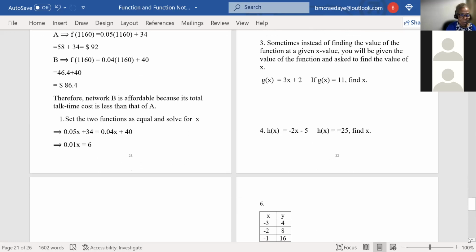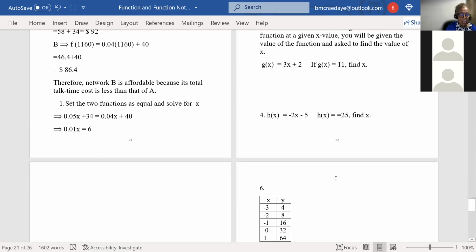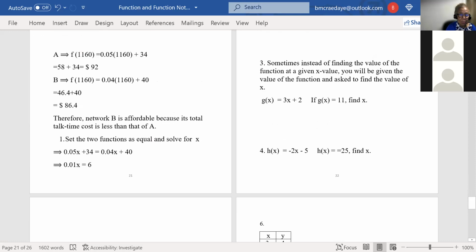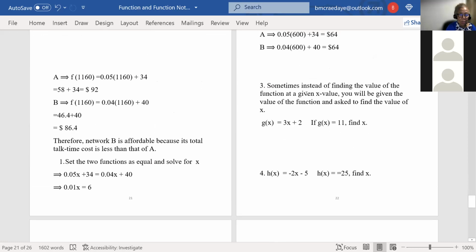Okay, so homework, I'll give you number 3 and number 4. This one, you've got a function and you define X. This is not a word problem.